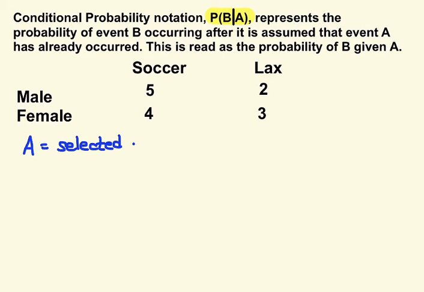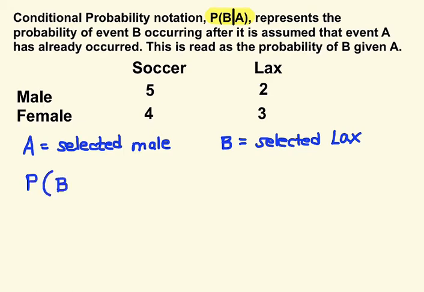So A means we select a male. And B means we have selected a lacrosse player. So we want to know what is the probability that we select a lacrosse player given that we have already selected a male.